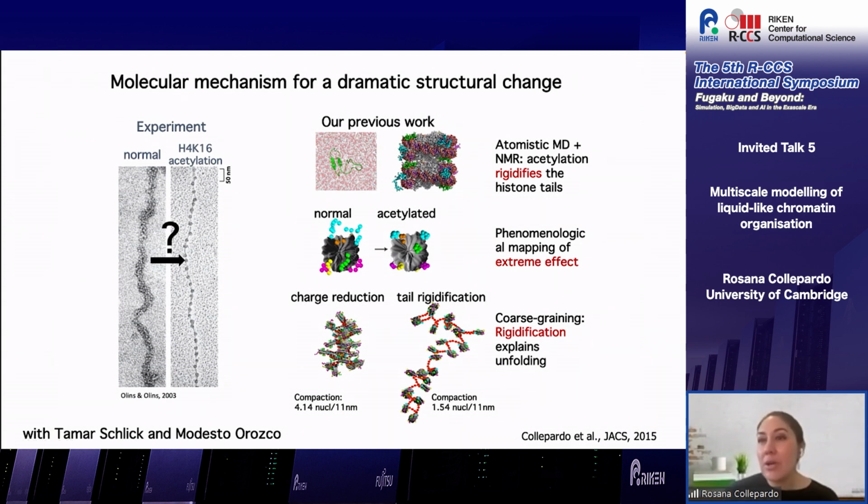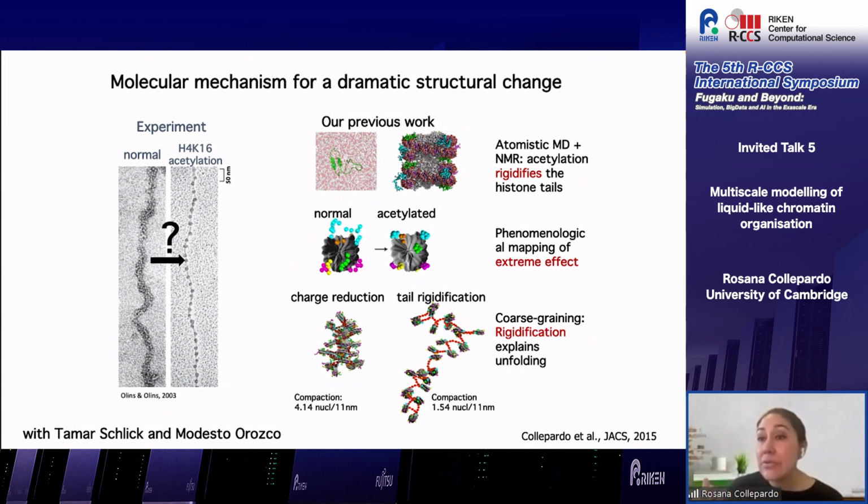However, the molecular mechanism of why this happened was not very clear. We combined atomistic simulations of proteins and dinucleosomes and discovered that acetylation induces a more complex effect than simple charge reduction.